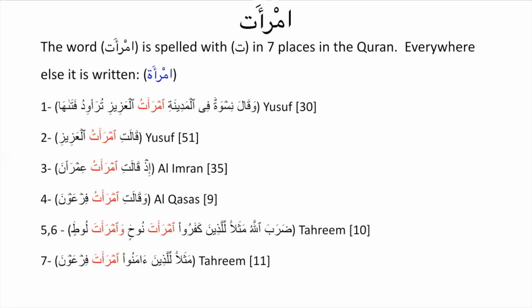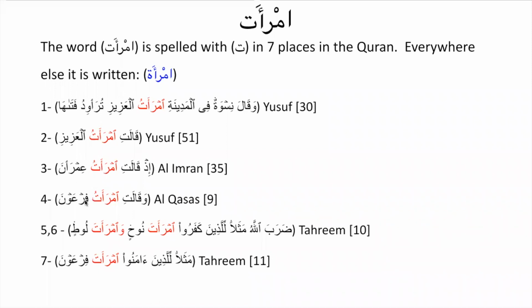And the ulama say what you'll notice about all these places, every time the word imra'a is mudaf in a mudaf ilayh structure to her husband, then it becomes spelled with a ta. So here imra'a is mudaf to al-Azizi. Here it's mudaf to Imran.